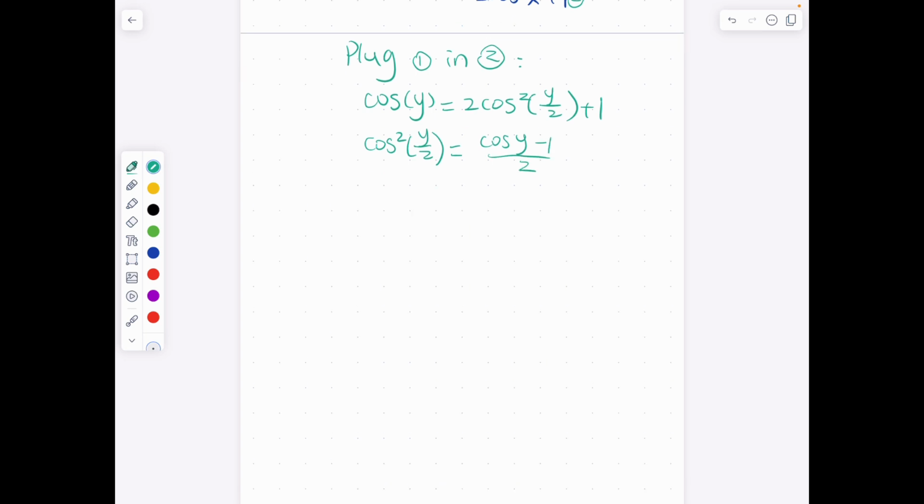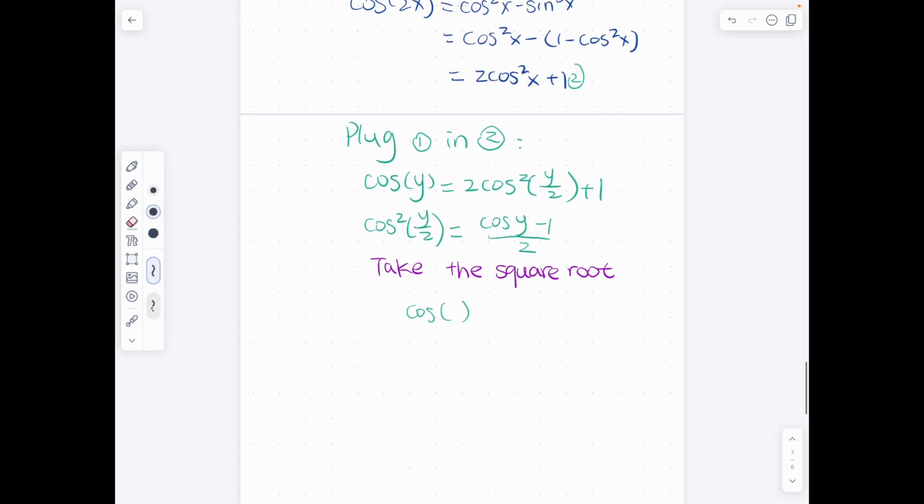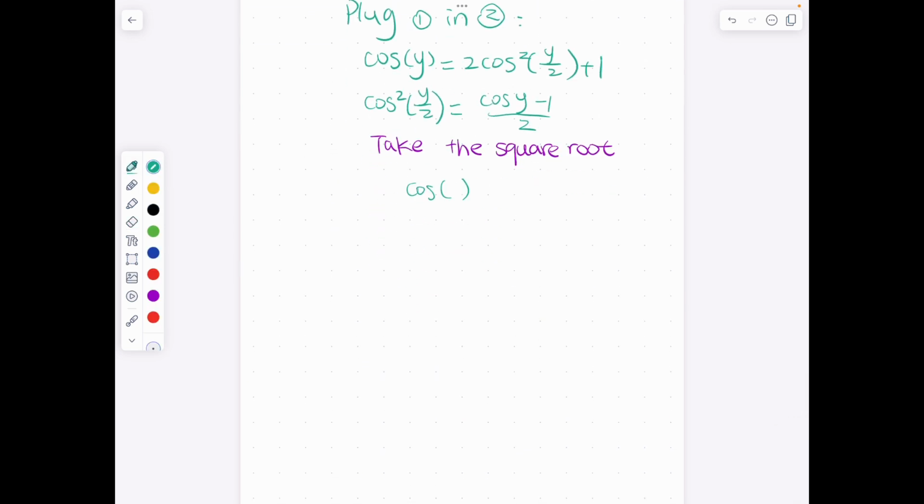And as before, we take the square root, and we will be able to get cosine of y divided by 2 is equal to plus or minus the square root of... this does not seem right.